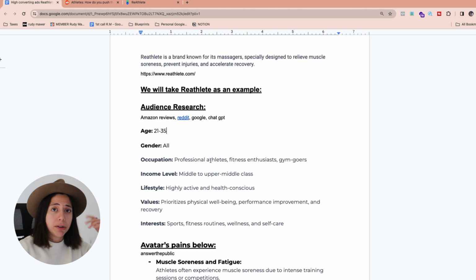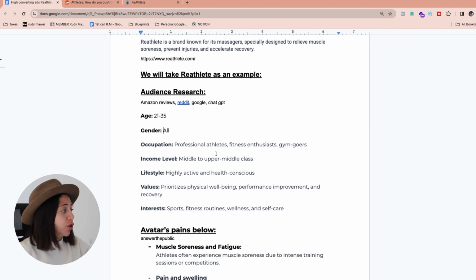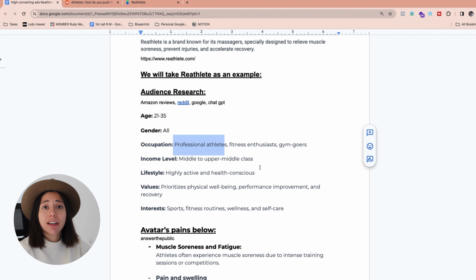I want young people that are fit. Gender, I'm pretty much gonna go for all, but if your product is gender specific, then I would put that in, right? Occupation, obviously professional athletes, fitness enthusiasts, gym goers, but mostly professional athletes. So people that really like doing sportive activities.